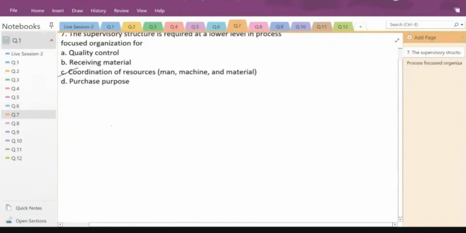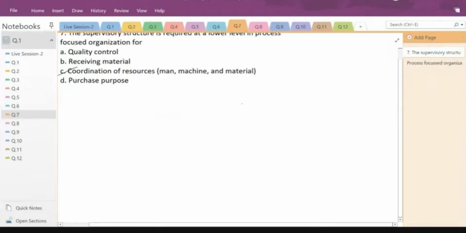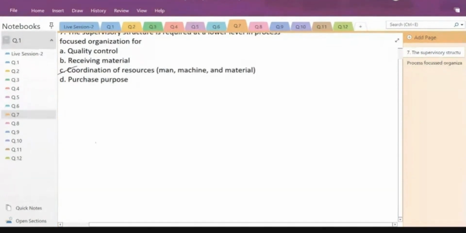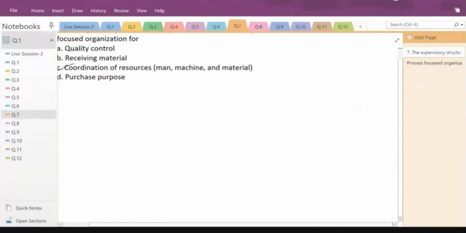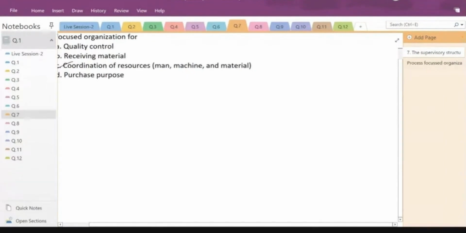Secondly, expected to coordinate and supervise for effective use of resources, coordinating the efforts of staffs.